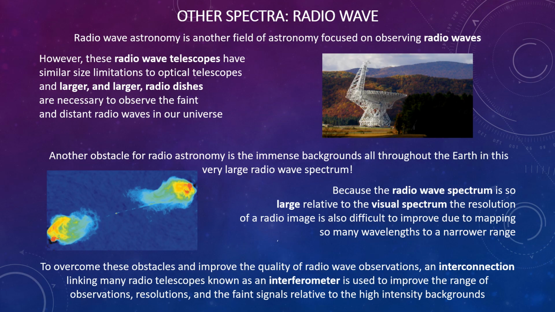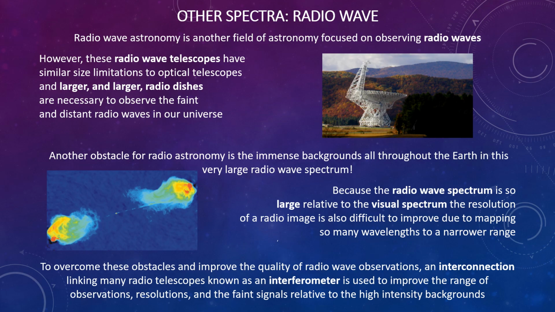And the radio spectrum is also incredibly large. It is much larger than the visible spectrum, which is just from 400 nanometers to 700 nanometers. The radio spectrum, despite having much longer wavelengths, is pretty much everything from about half a meter onwards.